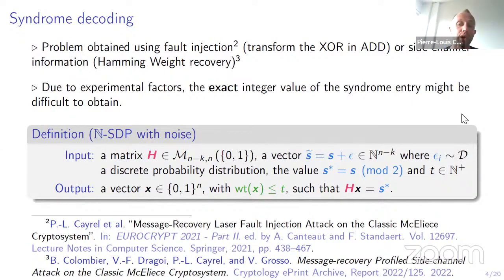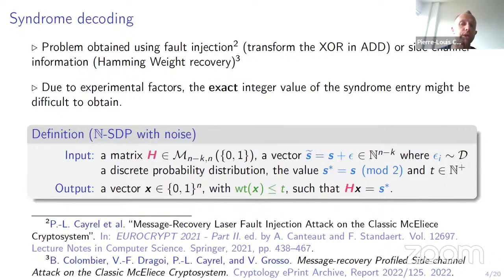So we have access to S star, which is a ciphertext that has been computed properly, but we also have access to a value of the syndrome in N with some noise. You understand? We have this S plus epsilon, which is a syndrome with some noise, and we have the value of S star, which is the correct value of the syndrome mod 2.